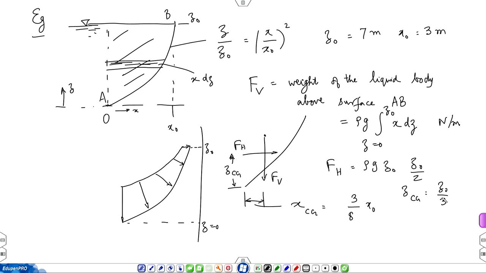So, let us say you find out that reactions at the base at point A are very large, then this gate will start eating into the soil and keeps deforming, keep moving. Okay. So, you have to find out what are the reactions, let us say at a point like A. Gate also has to be supported, let us say at point B.